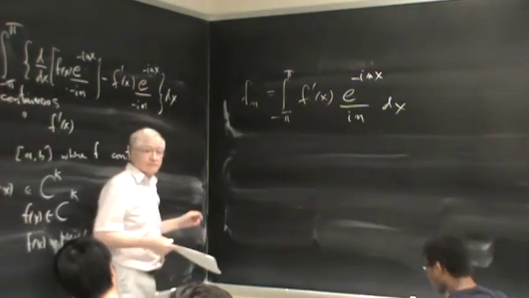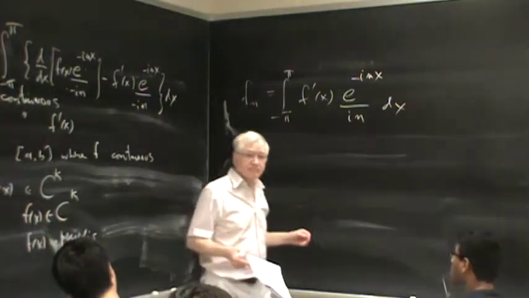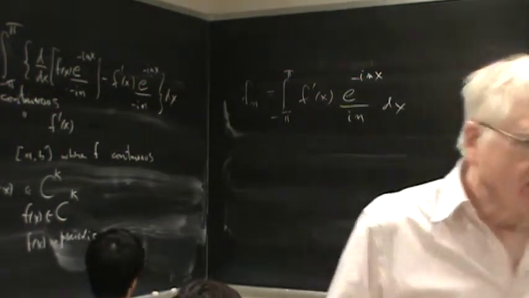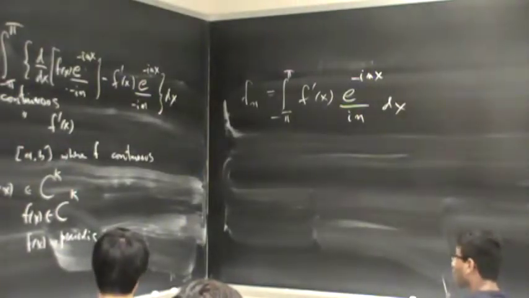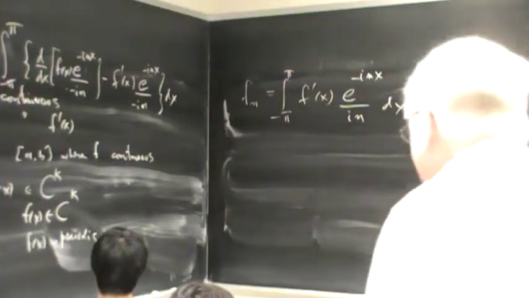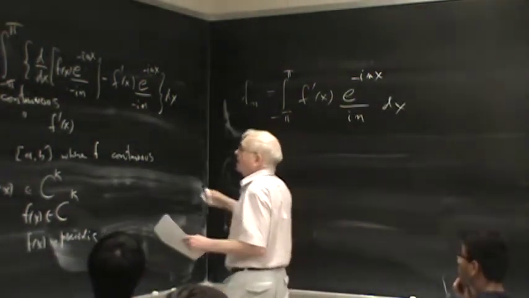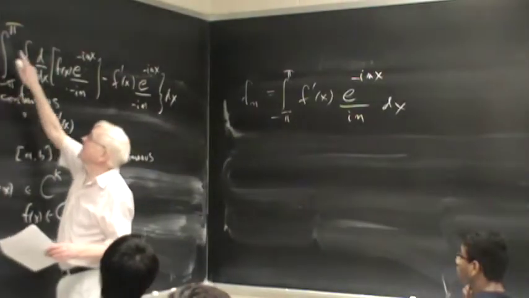Usually the argument for the surface term vanishing is you evaluate it at infinity. We're just on a closed interval, just minus pi to pi. The integration is from minus pi to pi.